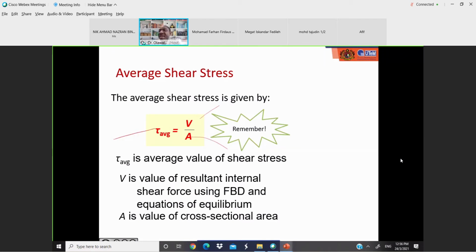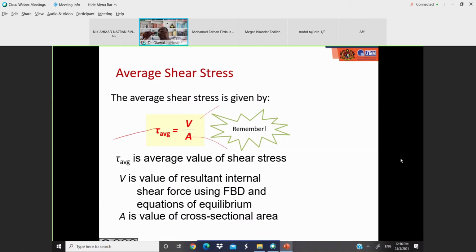Basically, in many structures or objects, your shear force or your shear stress will act at the joints where they are joined together. For example, you have an object that is coupled together. This scissors is coupled together here.